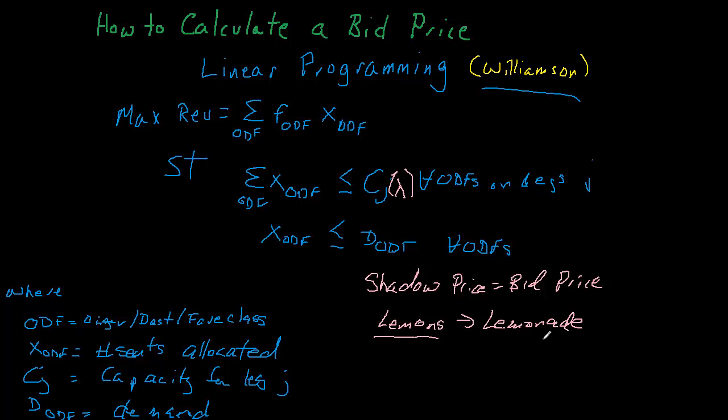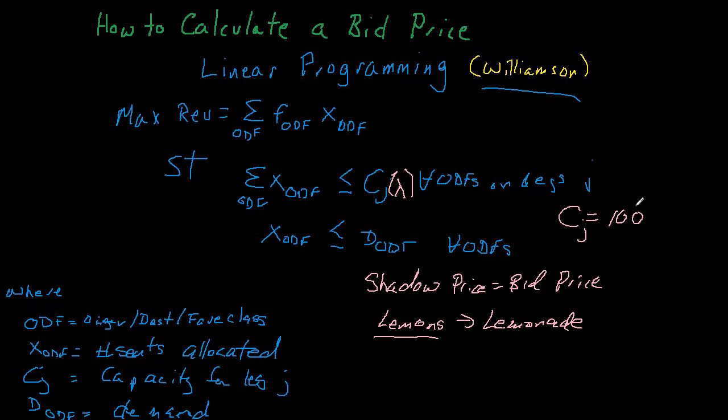It's not much different in an airline's network. Our constraint is seats. So let's say our capacity for some leg was 100 seats, and we produced a certain amount of revenue from those seats. For a particular leg, there are many other legs in the network, but this particular leg has 100 seats.